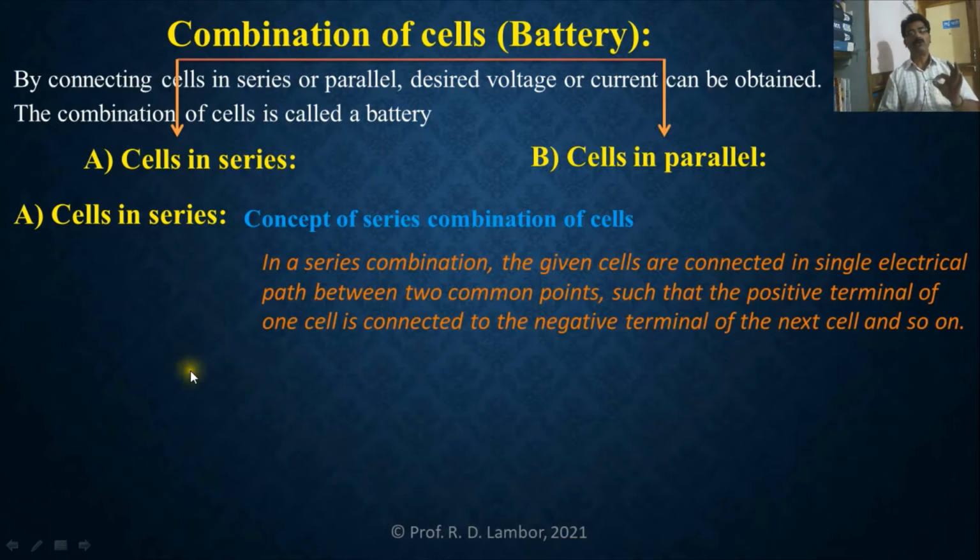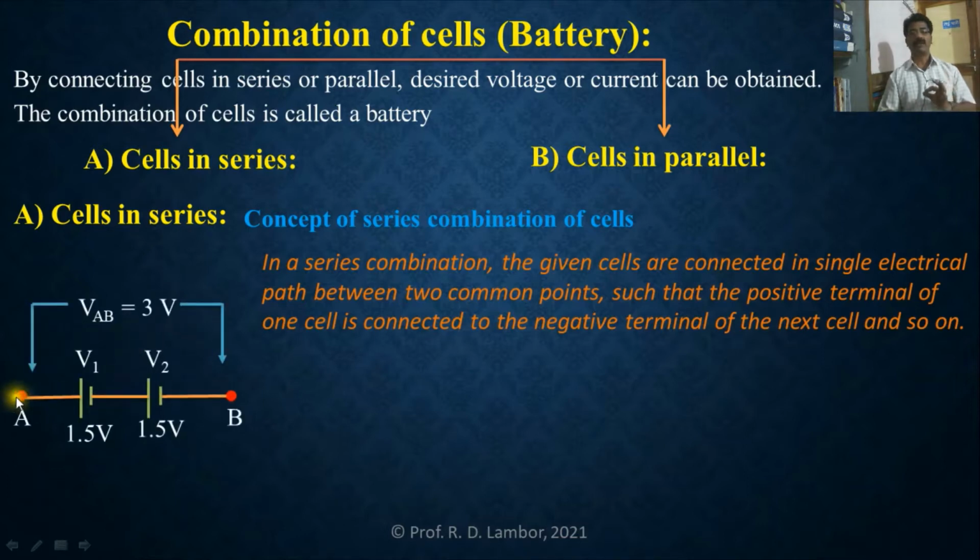Here we are considering the series combination of two cells. See here, these are the two common points A and B, and this is the single electrical path, and the two cells are connected in this single electrical path such that the positive terminal of one cell is connected to the negative terminal of the next cell, and so on.